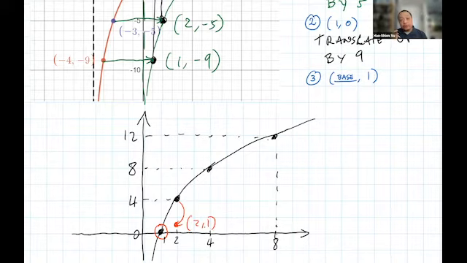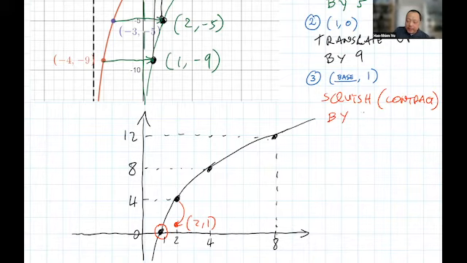You should go ahead and try choosing one of the other 2 points and tell me if you got the same final answer. But I chose the first point, so I will squish. The technical term is to contract by a factor of 1/4. So I squish it down by a factor of 1/4.